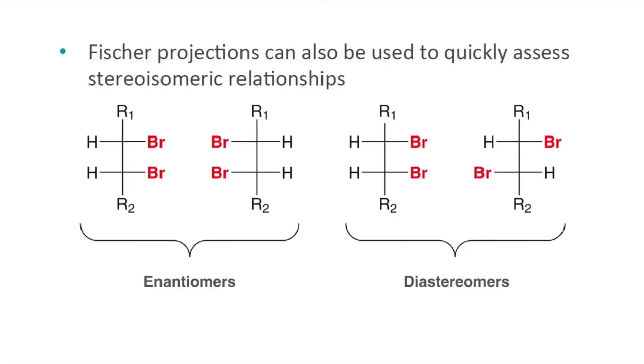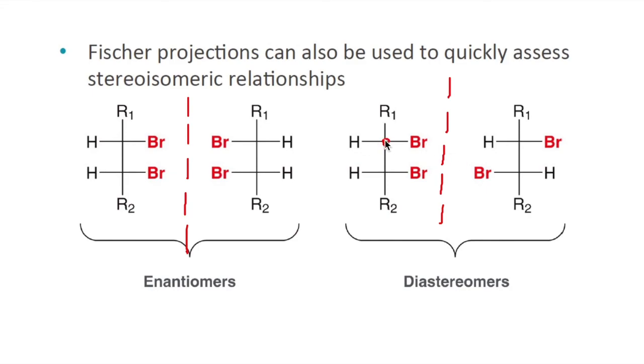So the Fischer projections are very helpful when assessing the relationship between a pair of molecules. As you can see here on the left side, we have 2 enantiomers, and it's very clear to see because they are completely mirror images, so those will be enantiomers. And on the right side, if you try to draw a plane of symmetry, you'll see that these 2 molecules are not fully reflections.